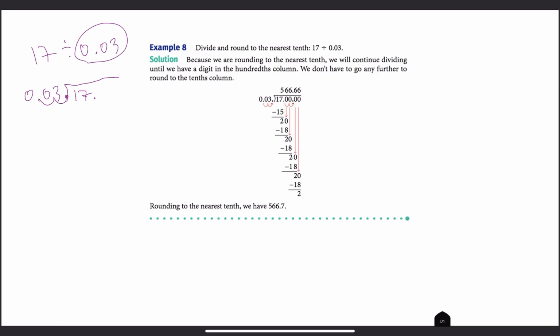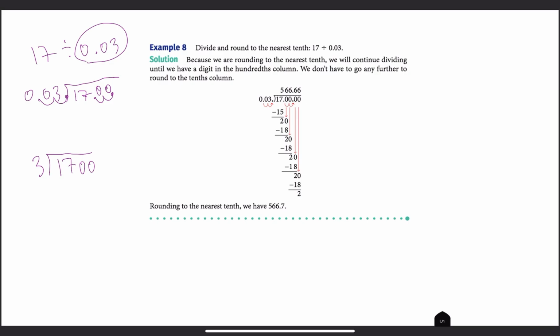So here would be the decimal in this value, and I would move it over 2 places and then add zeros as I need them. So instead of dividing 17 by 3/100ths, I'm dividing 1700 by 3. And it's a problem that's much easier for me to do because I'm more familiar with whole numbers.